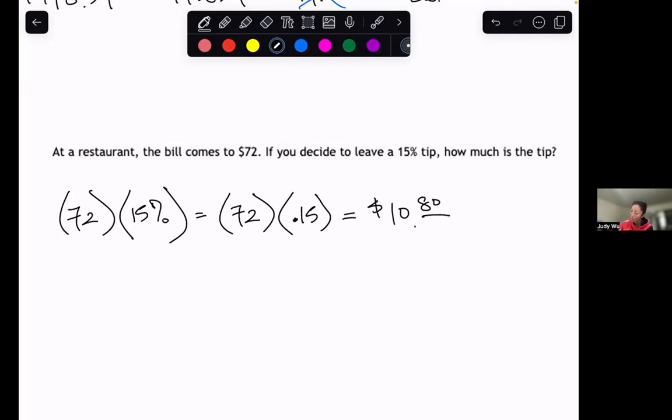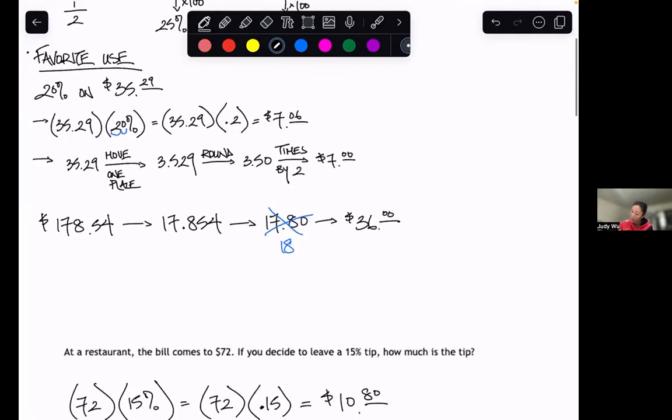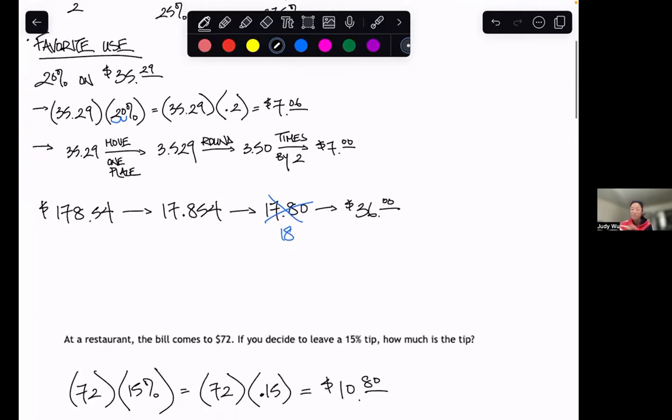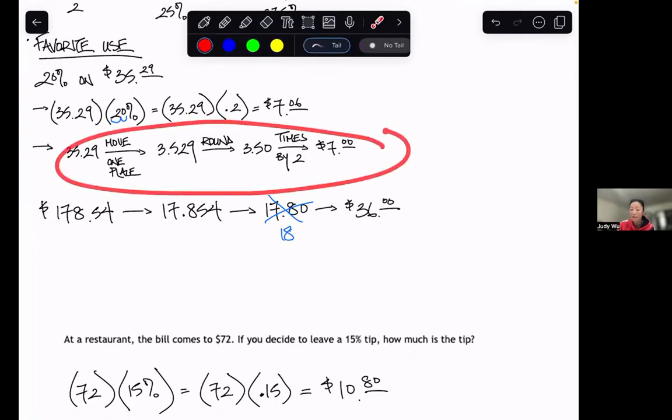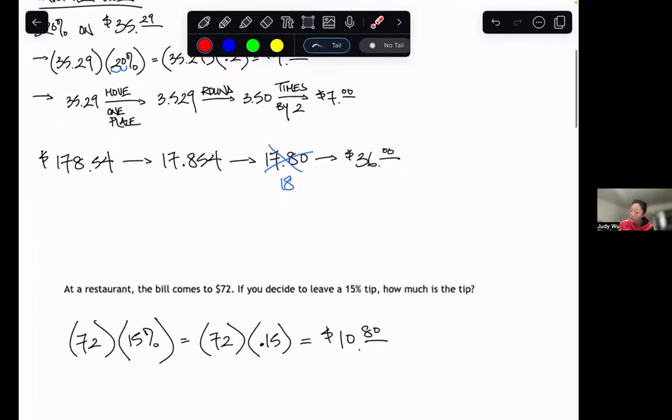So let me get this all on one screen for you right here. Basically, when we're thinking about tips, if we're thinking about the classic 20%, this move one decimal, round, and times two might be a nice trick, but we can always just multiply by the percent as long as we remember to move that decimal two places to the left, and that will give us how much extra we have to pay.